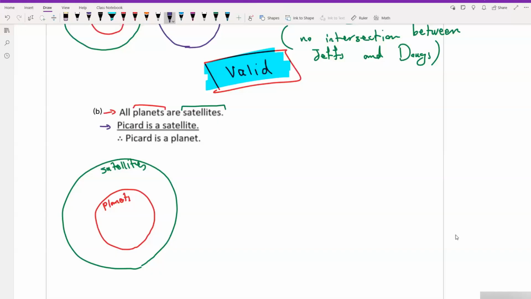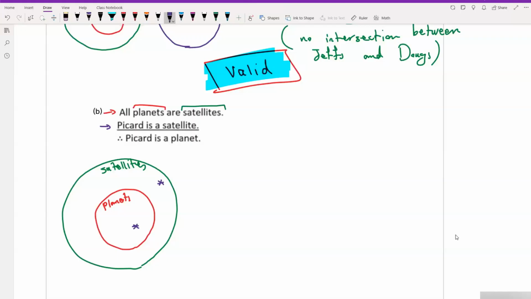Now, second statement, Picard is a satellite. I'm going to read the conclusion also, to see what we have here. Picard is a planet. Okay, so Picard is a satellite. I can have Picard here in this part, or I can have that part here inside planet and satellite.